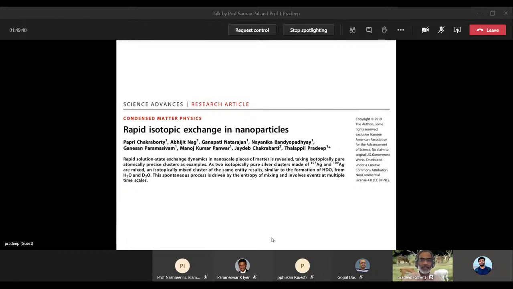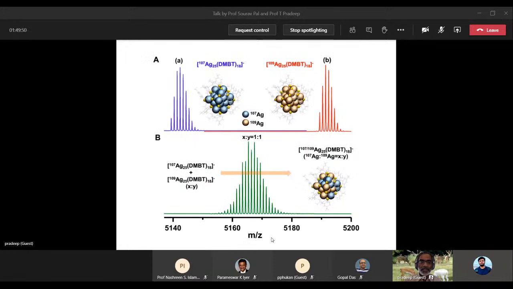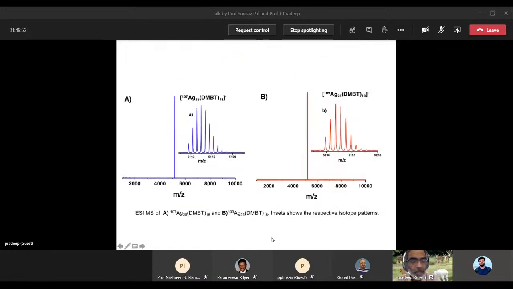So here is an example. In this example, the experiment that we have done is with silver 25. That experiment involved making 107 Ag25. So silver has two isotopes, 107 and 109, nearly equal in intensity, somewhere around 49 and 50. So this is 107.